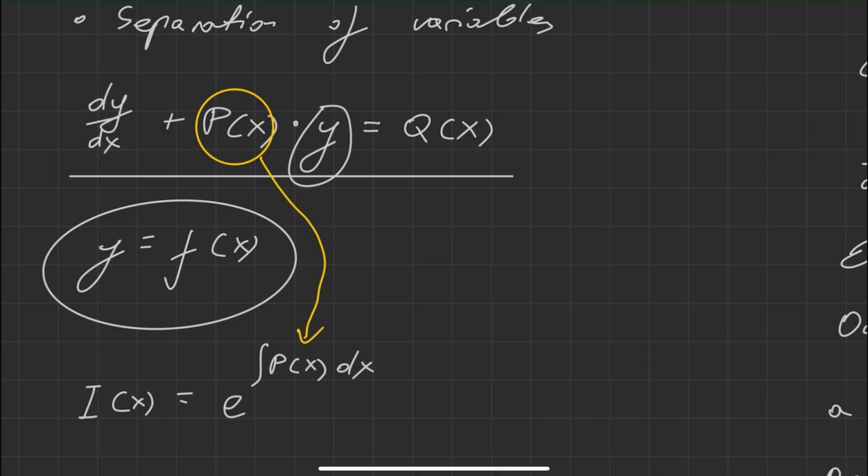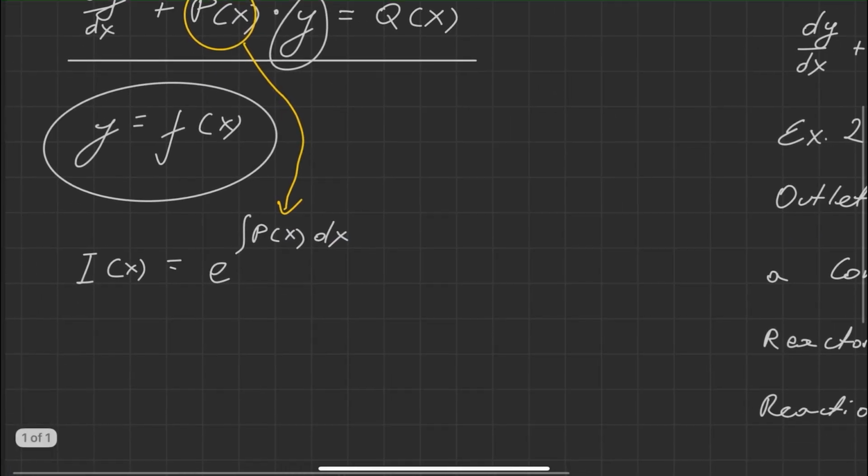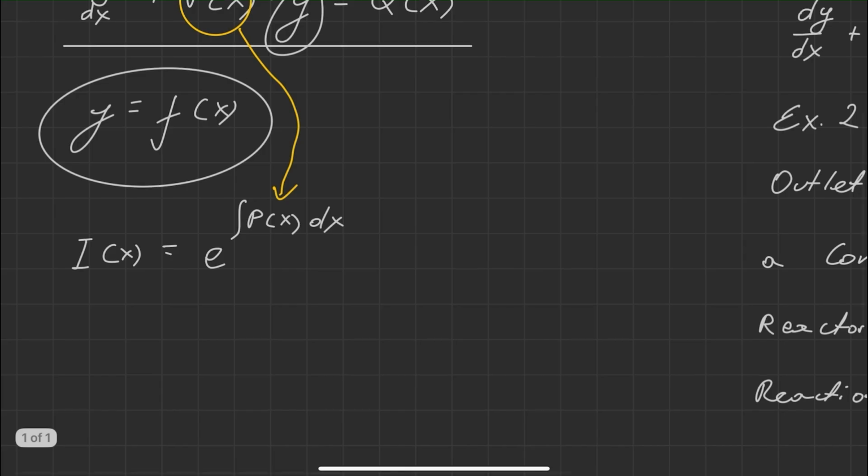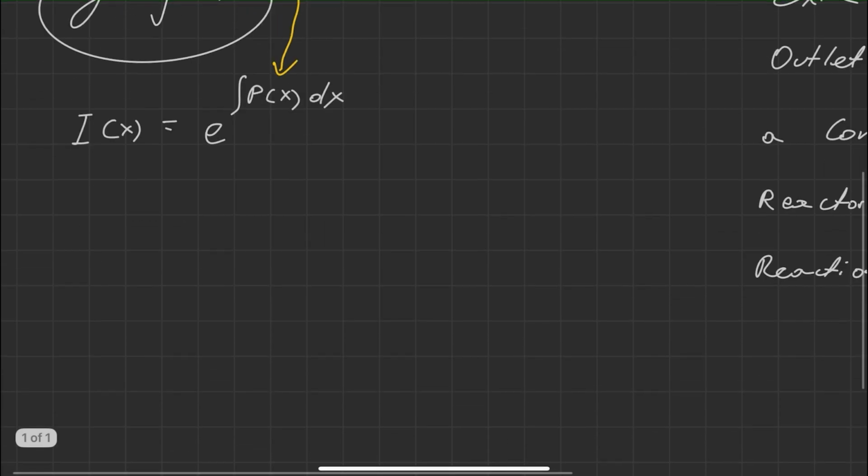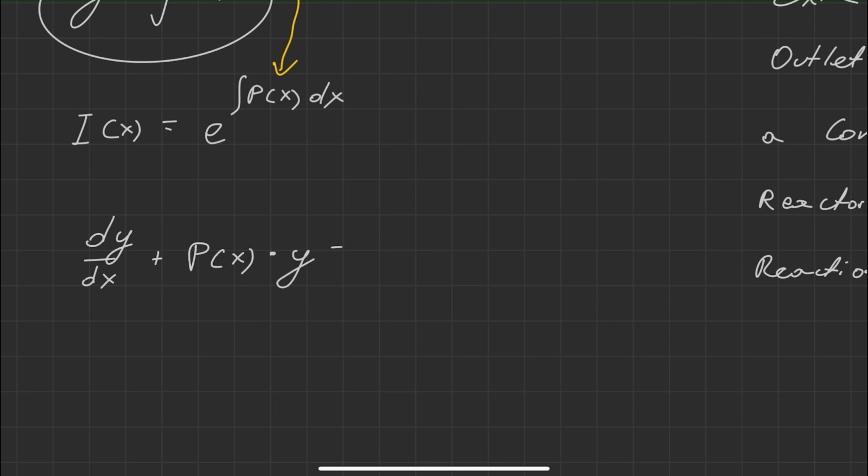And as a quick guide to why this integrating factor works, I will show you very quickly the theory behind it to portray why we even use it. So let's only focus on the left-hand side. So we have dy dx plus p of x times y equals something.